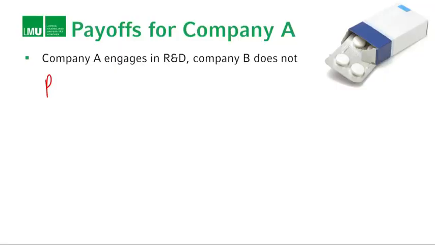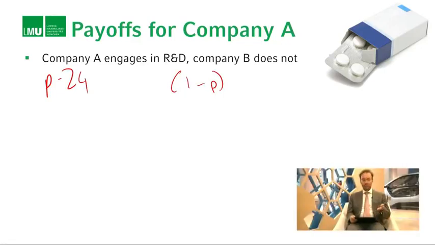If company A engages in R&D but company B does not, there are really only two things we have to think about. Either firm A is successful, or they're not successful. If they're successful, they make profits of 24 million, because there's no threat of the other firm even entering.